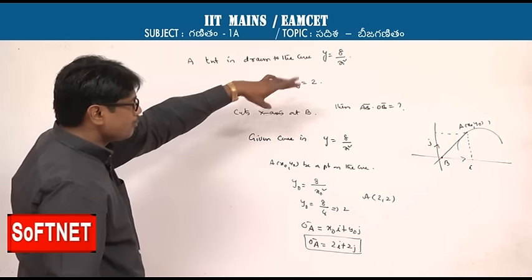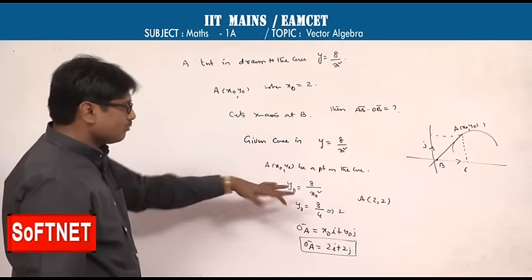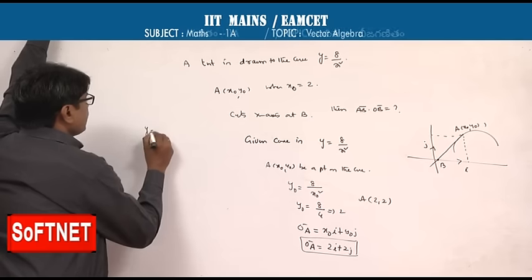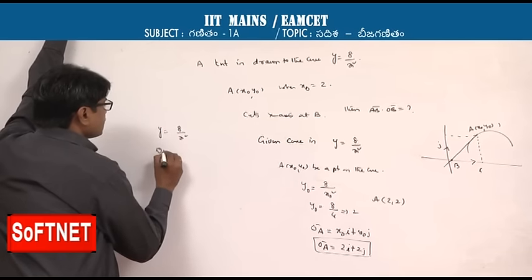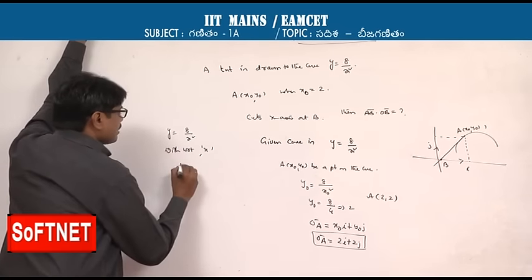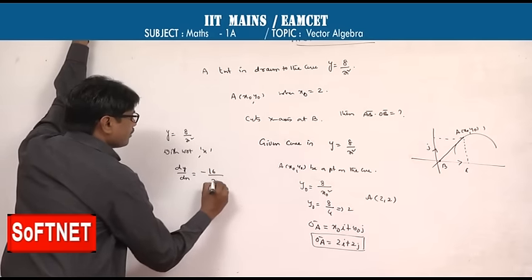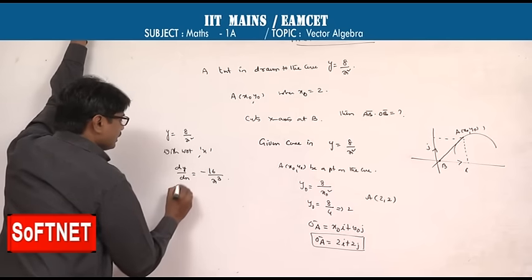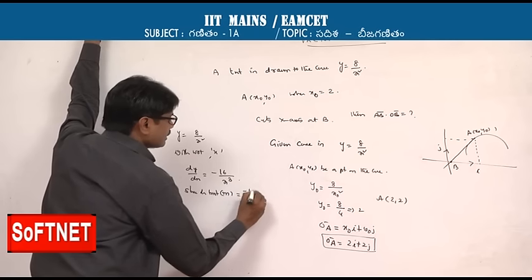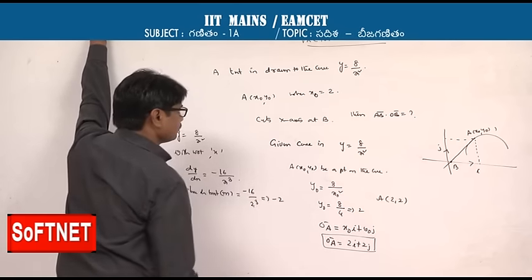To find the position vector of B bar, the tangent at (2, 2) meets the x axis at B. So to find the equation of the tangent you need the gradient of the curve. Okay, y is equal to 8 by x square, differentiating with respect to x, dy by dx is equal to 8 x power minus 2 differentiated, that is minus 16 divided by x cube. Slope of the tangent m is equal to minus 16 divided by x naught equal to 2 cube, that is equal to minus 2.